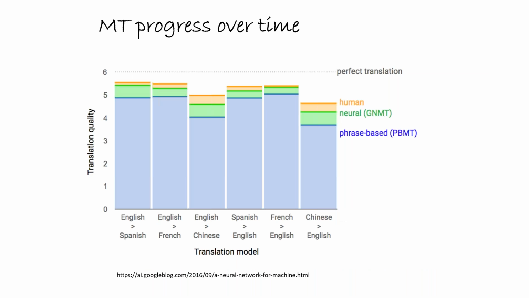Okay, so this is something that came from Google, which shows the translation model and, vertically, translation quality. The quality is compared with human, neural GNMT, and phrase-based PBMT. If you see here, the perfect translation goes here as 6. We have scores for English to Spanish, English to French, English to Chinese, Spanish to English, French to English, and Chinese to English.